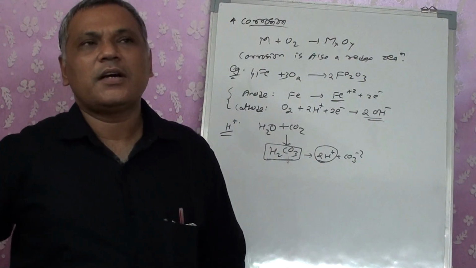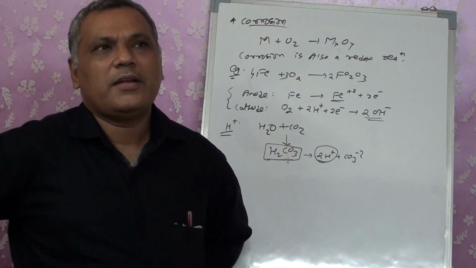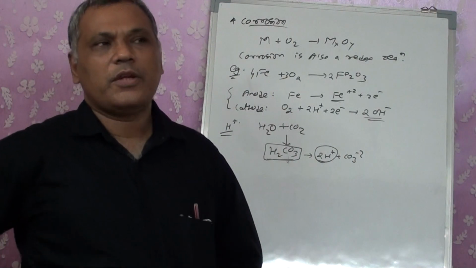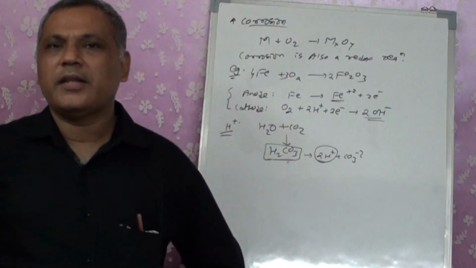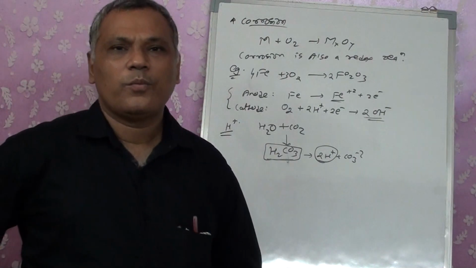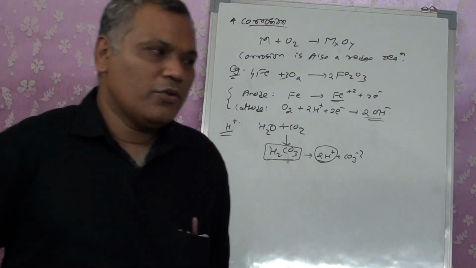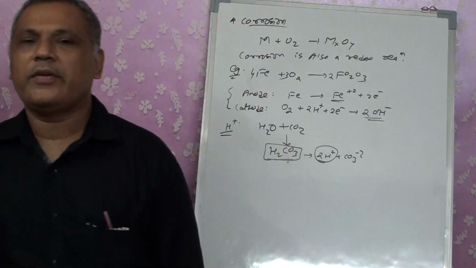So to avoid it, we coat it with color, with red oxide, or we go for galvanization. Like that, different metals are being protected. Right? Okay, that's what you should be aware of about corrosion. That's all we have in this chapter.